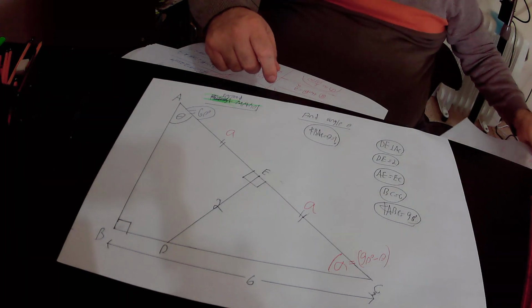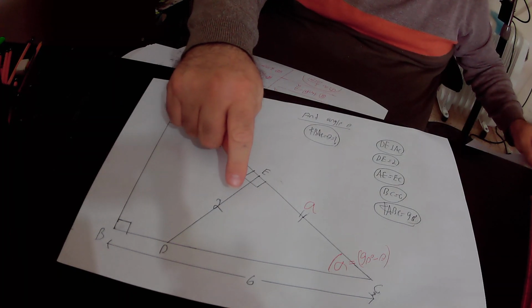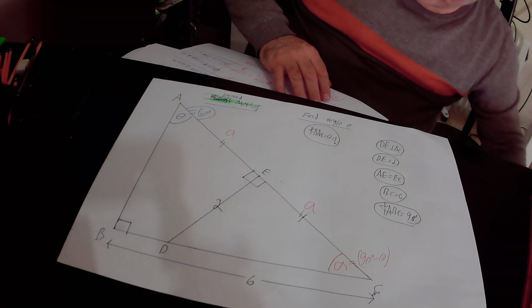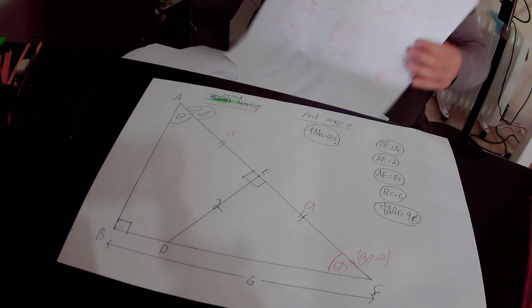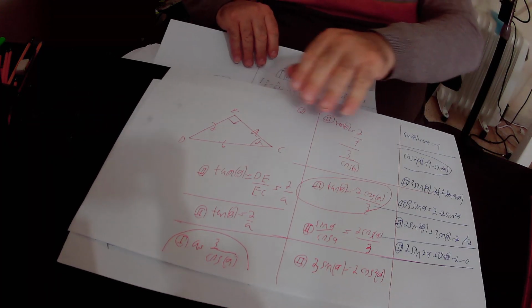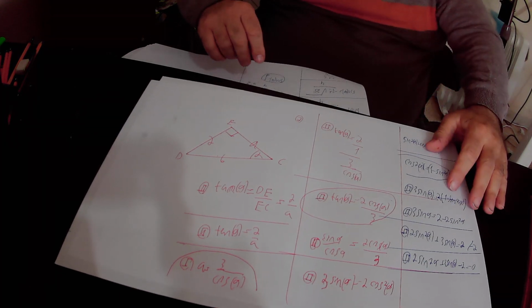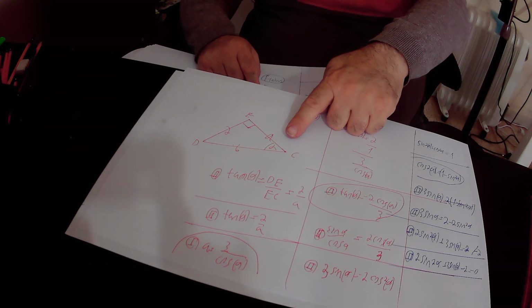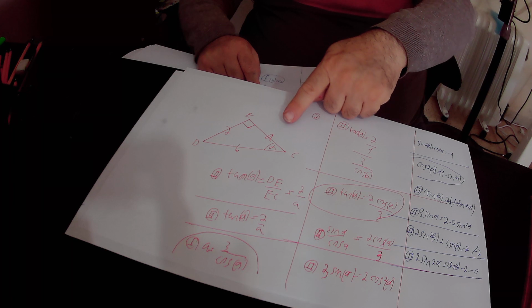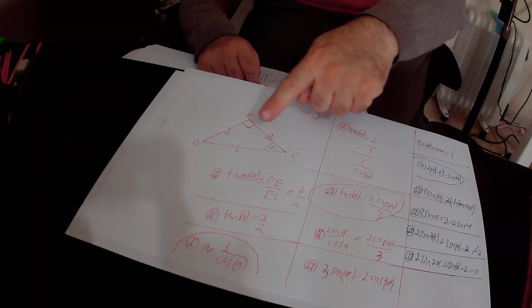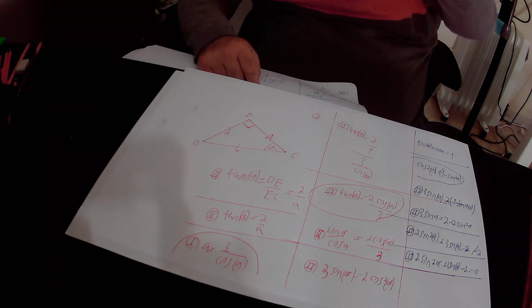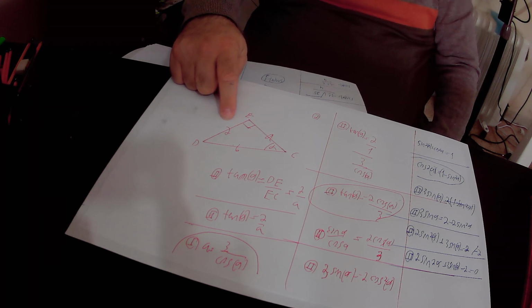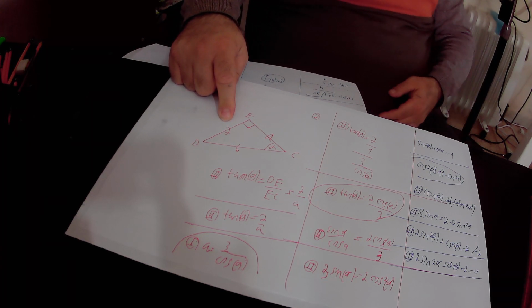Then we focused on the right small triangle DEC. I copied the right small triangle in a new page, and we analyzed the right triangle DEC. Here we know that EC equals A according to our definition, DC equals 6 as given in the question, and DE equals 2 as given in the question.